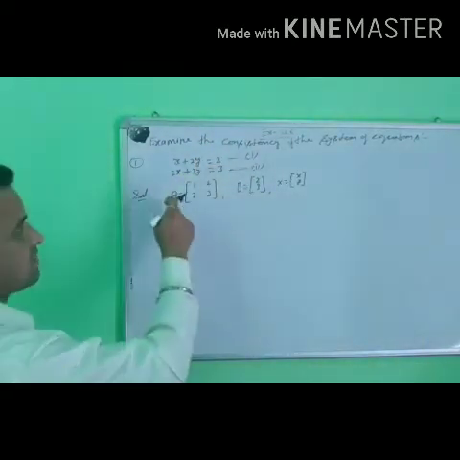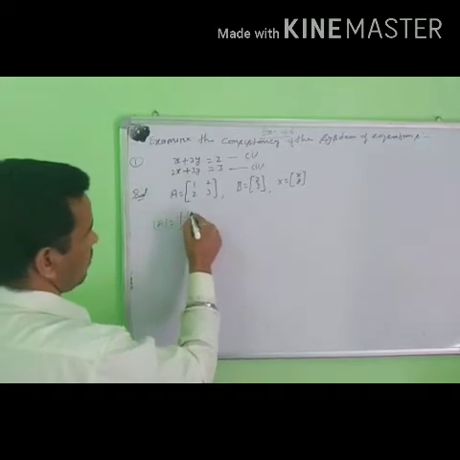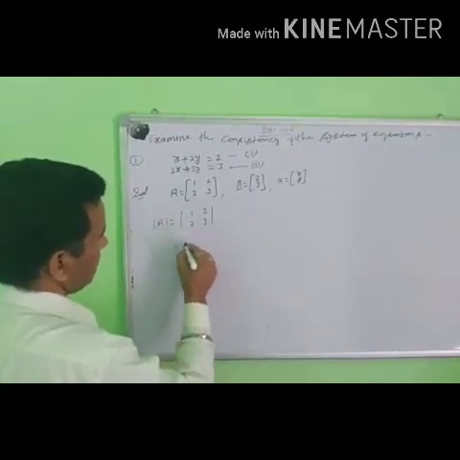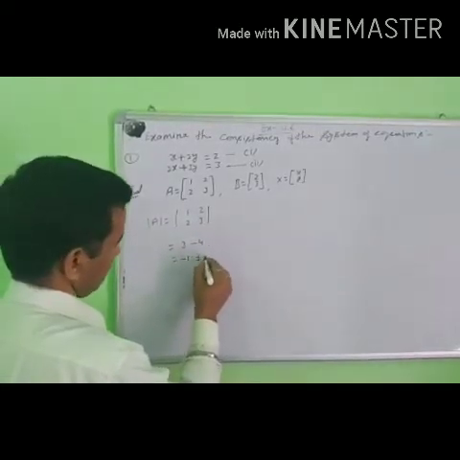Then check the determinant value of 1, 2 and 2, 3. What is the value of the determinant? 3 minus 4. The result here comes -1, that's not 0.